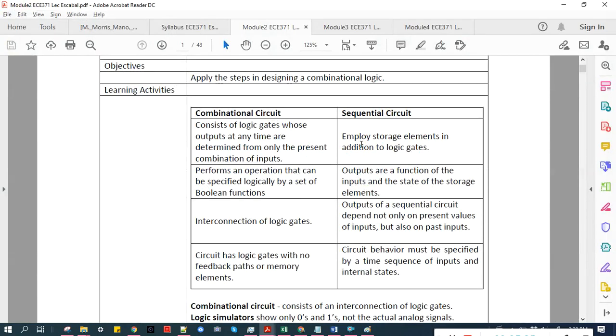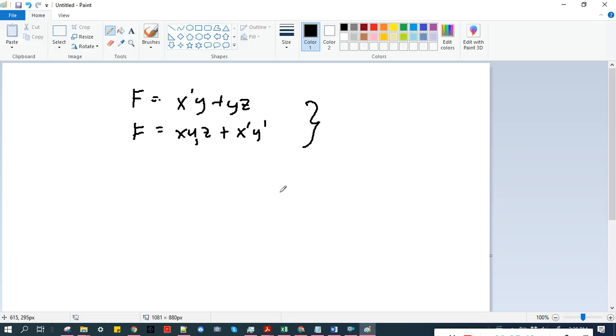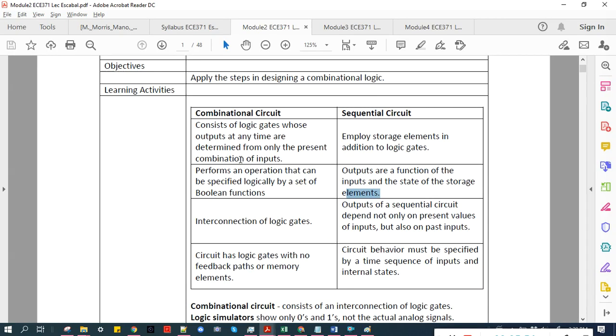For the sequential circuit, the outputs are functions of the inputs and the state of the storage elements. So we will discuss the sequential circuit later.